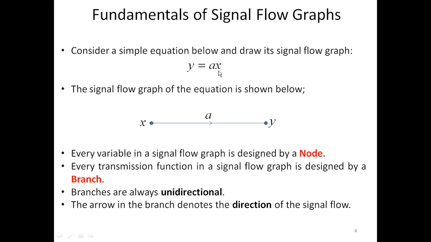Here y is equal to a x means node y depends on x, so that relation is represented by this branch. Branches are always unidirectional. The arrow in the branch denotes the direction of signal flow, so here the direction is from x to y.